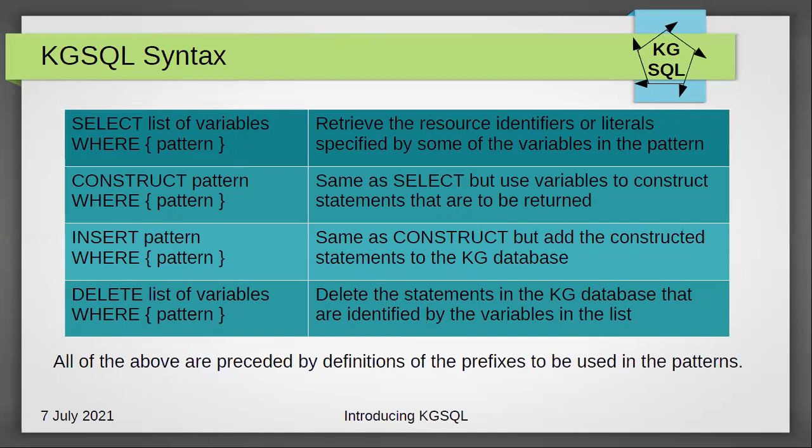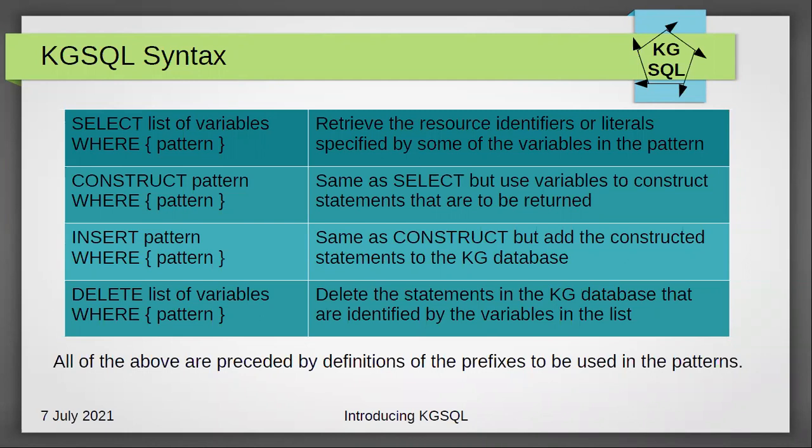So the overall syntax of the various commands is given here. Select selects a list of variables, and it will return then all ways that those variables can be instantiated. So it's in effect returning a table or relation. Construct is like select, but it returns a graph. Insert, same as construct, except that the constructed statements are now added to the database.